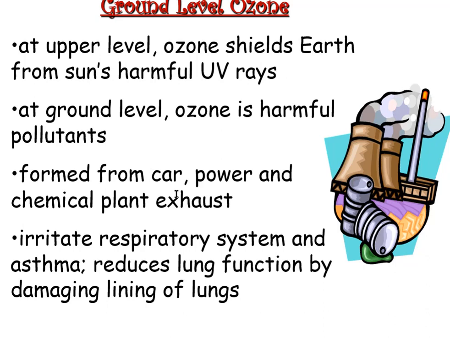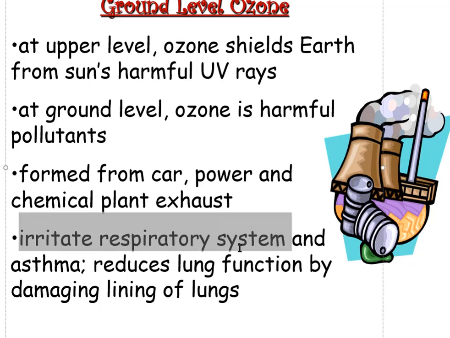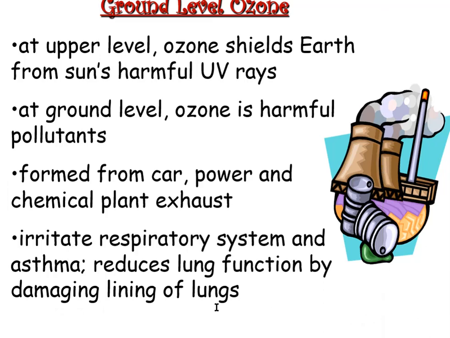But if it is at ground level, produced by some activity, then it is harmful for us because it is very reactive, and generally it comes from power plants and chemical plant discharge. Because it is very reactive, it will cause irritation in the respiratory system, reacting with the mucous membrane of the lungs and other parts. So it can cause asthma, breathing problems, and many other problems related to the lungs.